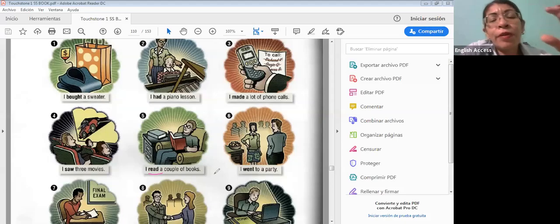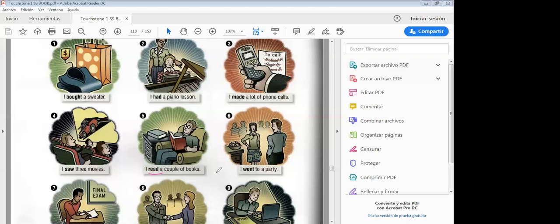In simple present, the pronunciation is read. In simple past, we're going to say read. For example, I read a book every month. That is simple present. Simple past, I read a book last month. So remember, the spelling is the same. The difference is just the pronunciation. Simple present, read. Simple past, read.